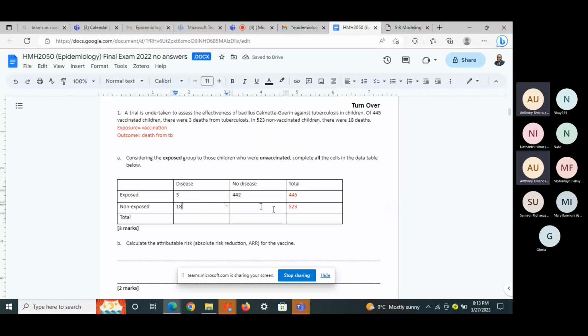So how will you get this part here? You will just do 523 minus 18. What will it give us? 505. Okay, so we will have 505.